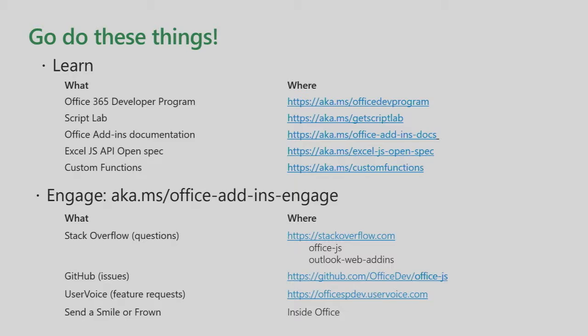It's much safer, obviously, than building, say, on your corporate tenant. Get yourself Script Lab. The documentation for building add-ins is publicly available, as are all of our open specs for our JavaScript APIs, and then there's a site dedicated entirely to custom functions. If you have questions, we engage frequently on Stack Overflow and GitHub.